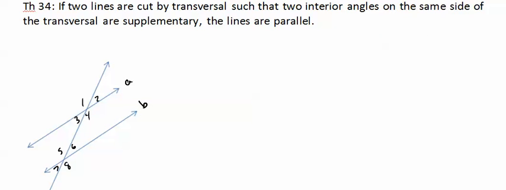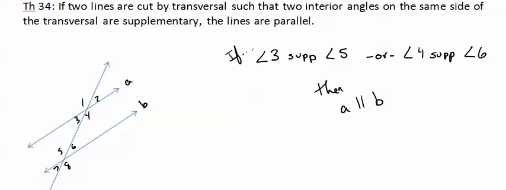Theorem 34 is a little bit different than the previous ones. If two lines are cut by a transversal such that two interior angles on the same side of the transversal are supplementary, the lines are parallel. So in this case, it would be angle 3 supplementary to angle 5, or angle 4 supplementary to angle 6, which would prove that line A is parallel to line B. This is a basic substitution to get to this theorem.